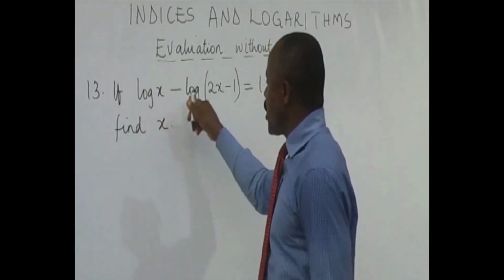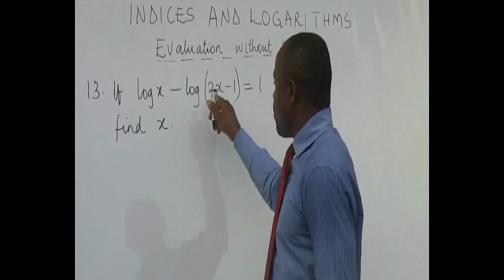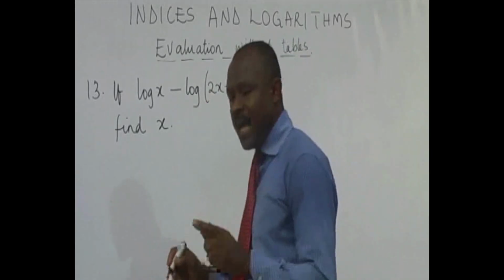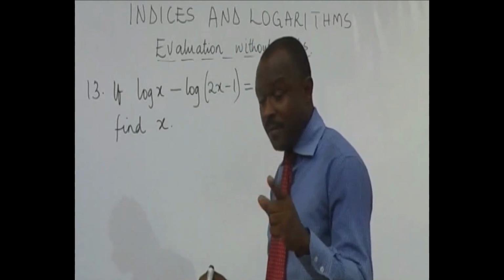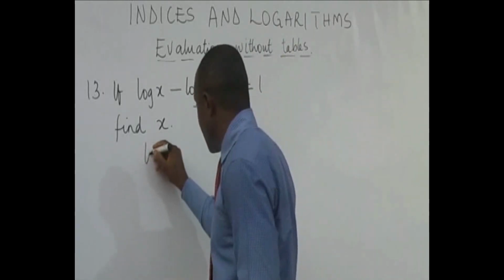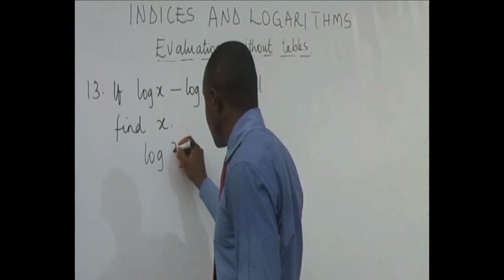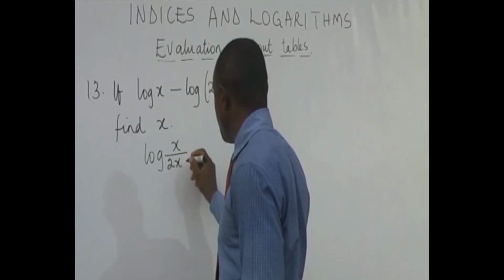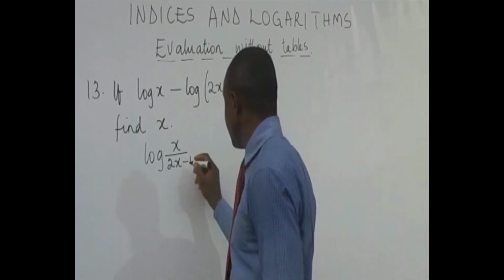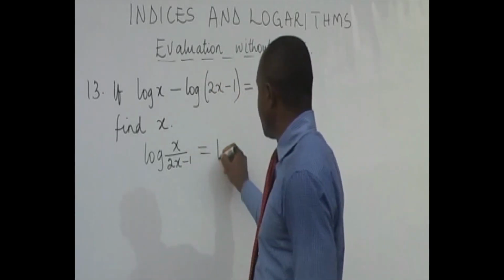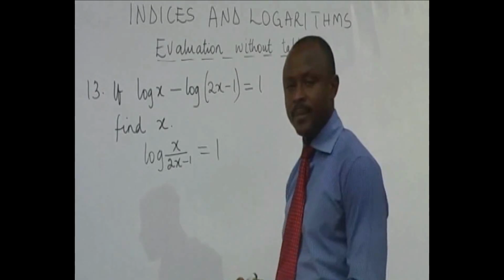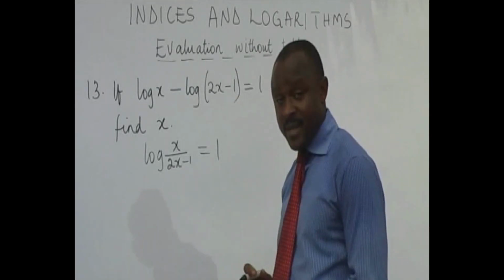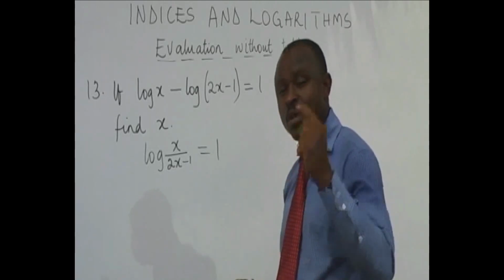Log x minus log of (2x minus 1) means, respecting the second law of logarithms, log of x divided by 2x minus 1, and it's going to be equal to 1. 1 means log of a number to the base of the number.